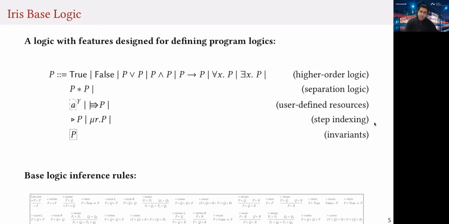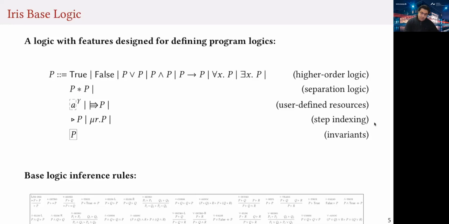Iris is also a separation logic, meaning that all propositions in Iris can assert some ownership of some resource. What that means, we will see. And we have here the quintessential connective of separation logic, the separating conjunction, which says that two things hold for disjoint resources.